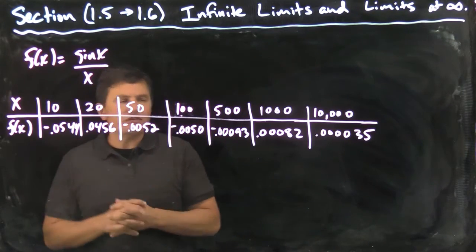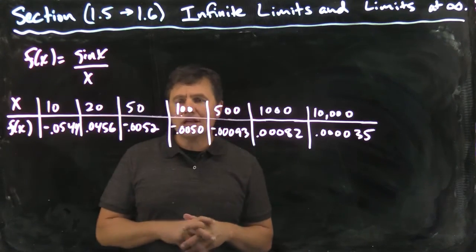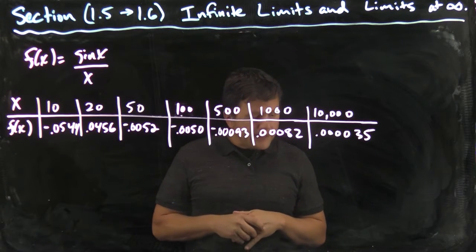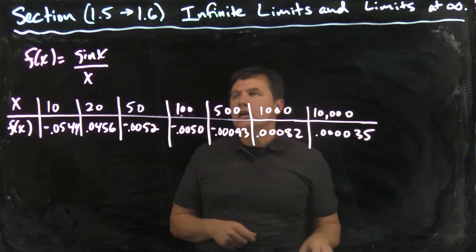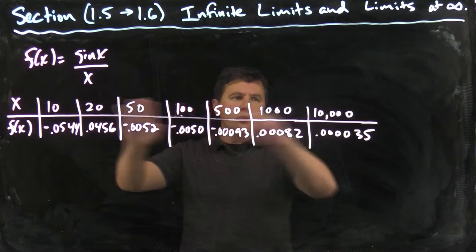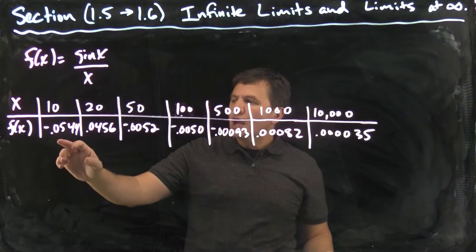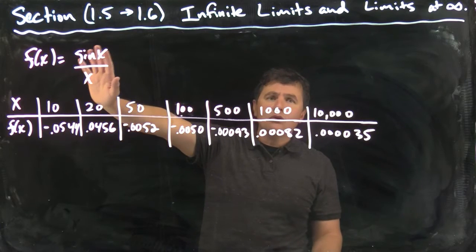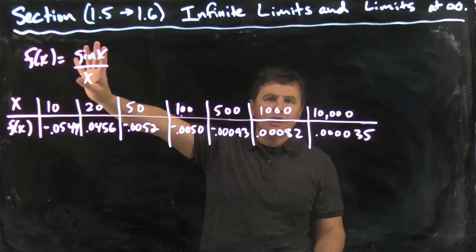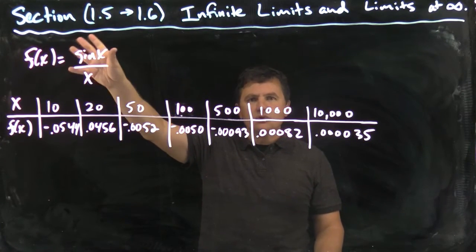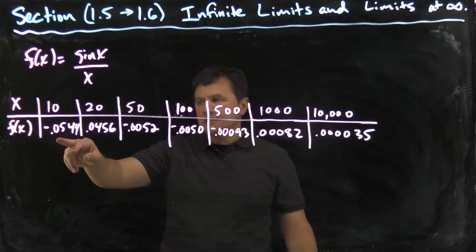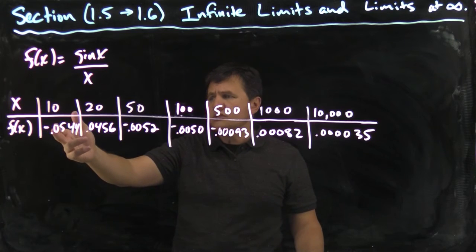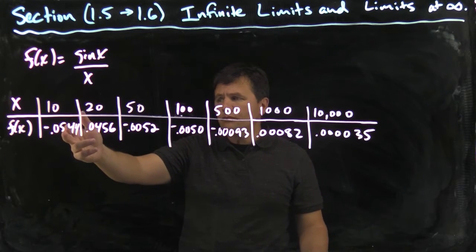I want to talk about this particular function, sine x over x. I've referred to it before. In this case, it gives us something that's quite strange. So what we see here as we plug in larger and larger numbers, and once again, if you're going to follow along with this, make sure you're in radians here. Always in this class when we're dealing with trig, we are in radians. But what happens here, you see that at 10, it gives us a negative value somewhat close to 0.